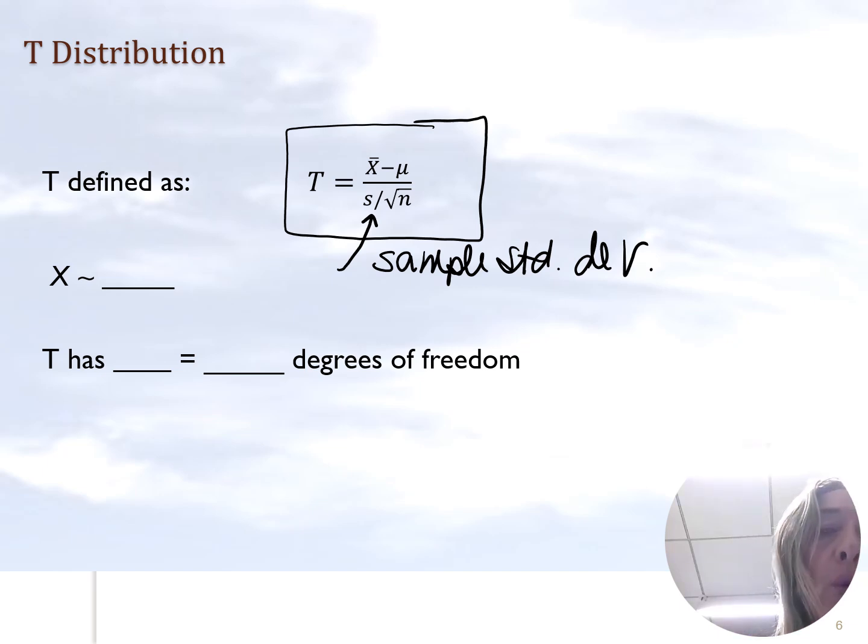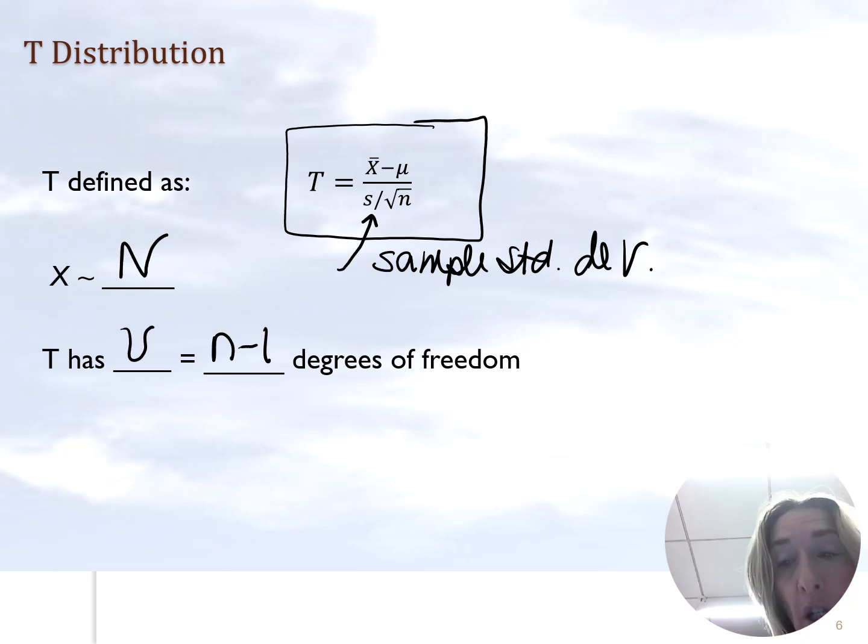In order to use the t-distribution, x, or your parent population, must be normally distributed. There is no concept of the central limit theorem with t. The central limit theorem does not relate to the t-distribution. And you'll recall that t has nu, or n minus 1, sample size minus 1, degrees of freedom.